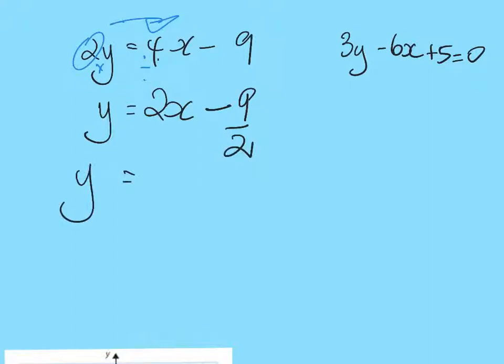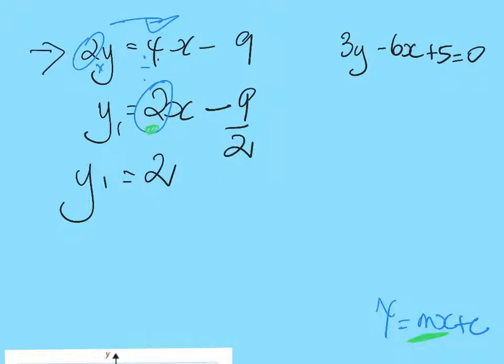So for our line 1, we're saying that our gradient is 2. Because, remember, as part of y equals mx plus c, this part here is our gradient, which is the same up here. So we've worked out that our gradient for this one here is 2.